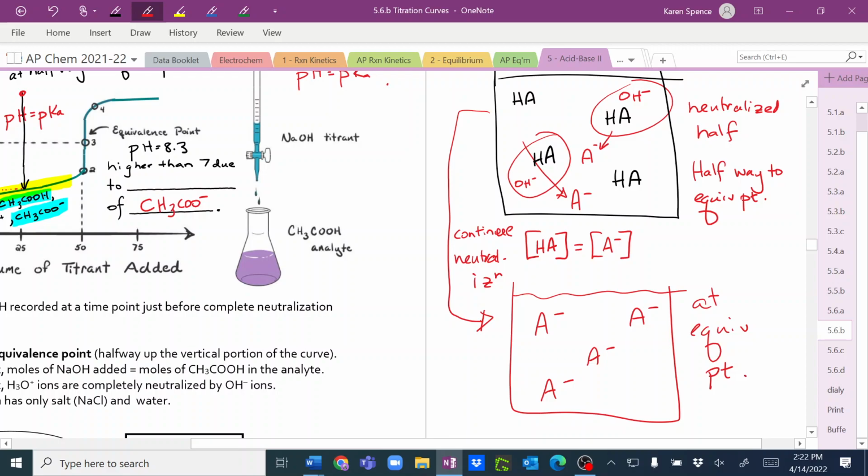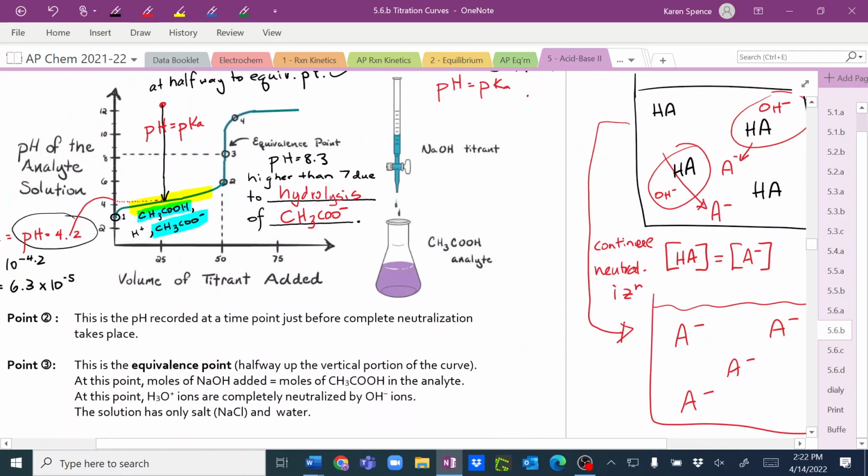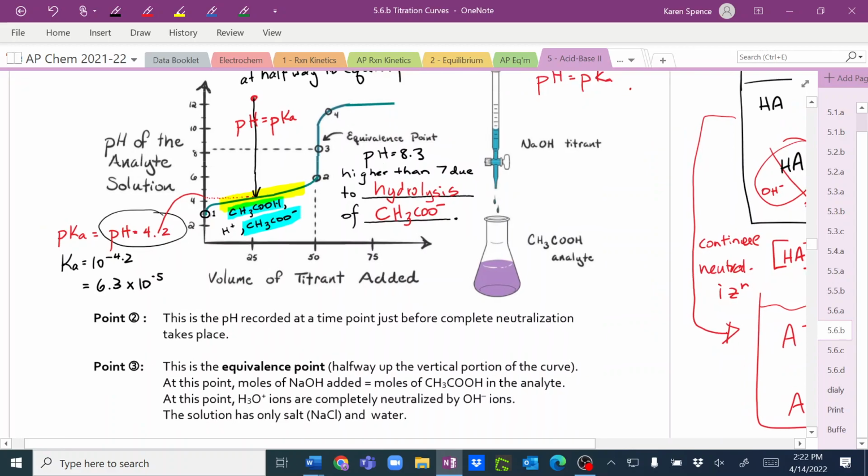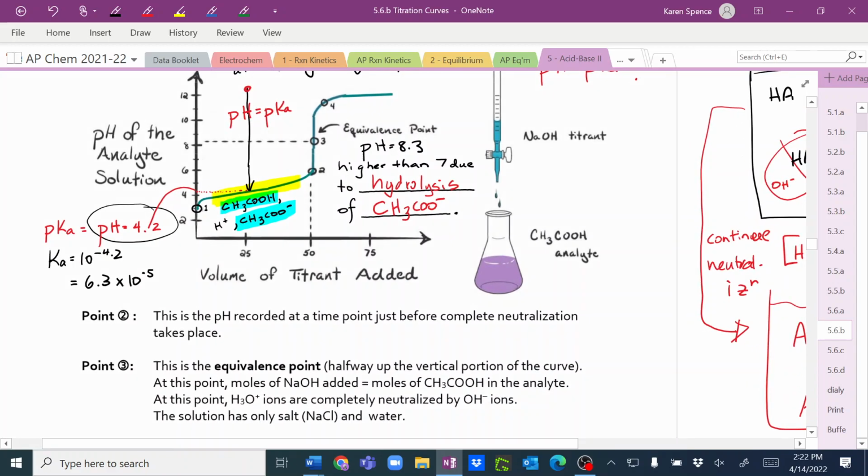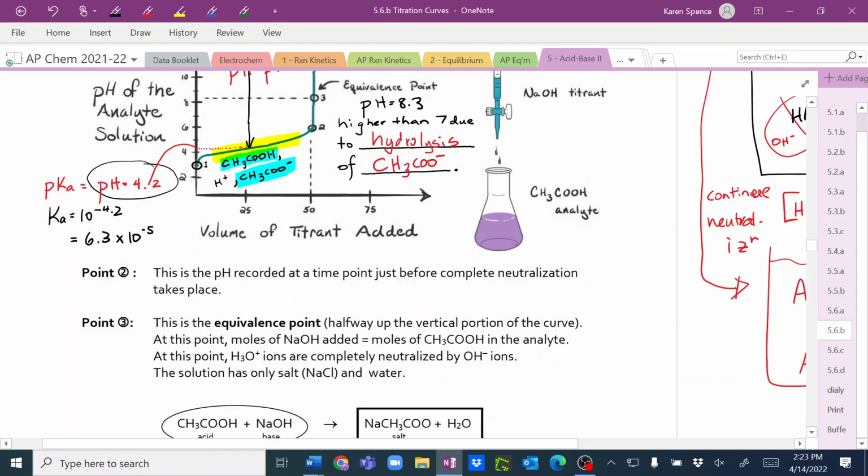What can happen to the CH3COO minus? It can hydrolyze. So it's due to hydrolysis of the CH3COO minus.